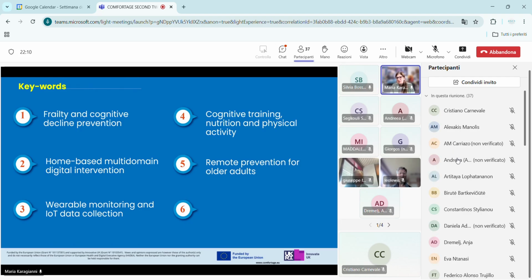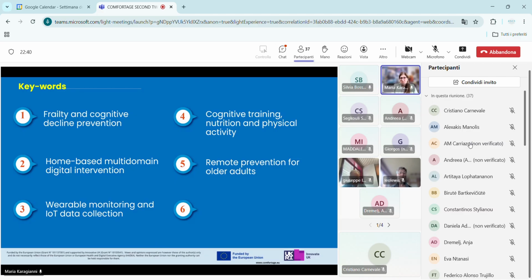Some key aspects of our pilot: it is about frailty and cognitive decline prevention. The main aspect is to prevent cognitive decline and physical frailty for people by using a remote digital intervention. It is a home-based multi-domain digital intervention.